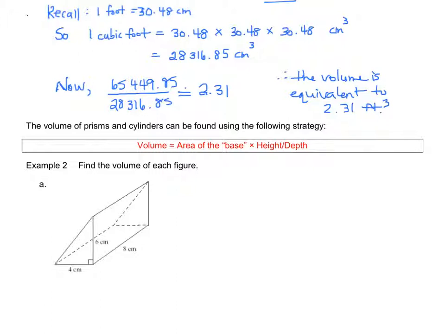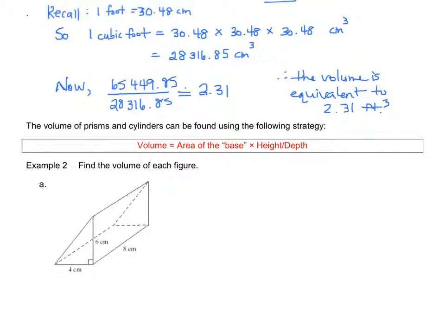So if we looked at this first example, this is a prism, a triangular prism. The base is actually the triangle in this shape. It's not necessarily the side that it's sitting on. So the base of a prism is the polygon that's at the end of the shape, not the rectangular sides that connect them.